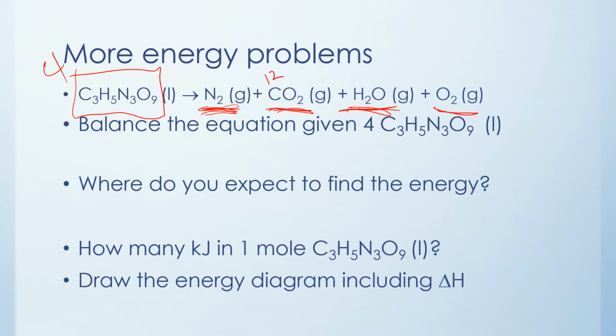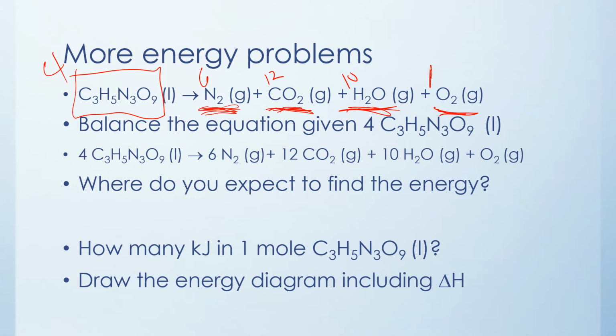So 4 times 5 is 20, so that's telling you that's 10. 4 times 9 is 36. Some are going here. 10 already went there. Some are going here. So 12 times 2 is 24, plus 10 is 34. And we had 36. So that means there's just 1 oxygen. And then all that nitrogen, the 12 nitrogens go there. So it should be that. Let's see if I'm right. 6, 12, 10, and 1.